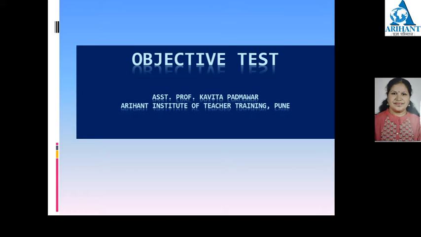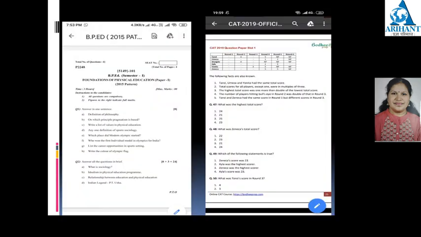I am showing you two images. Look at these images. These are the images of two types of question papers. What comes to your mind while looking at these two question papers? Think about it. You must be thinking that these are objective type questions and these are descriptive type questions.